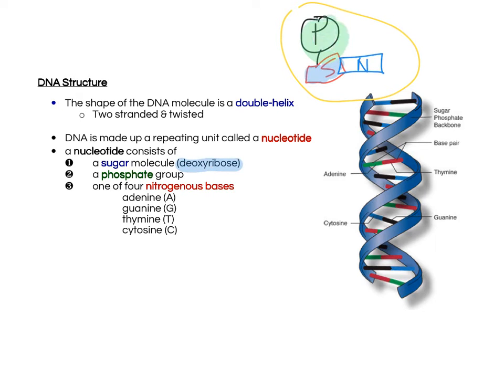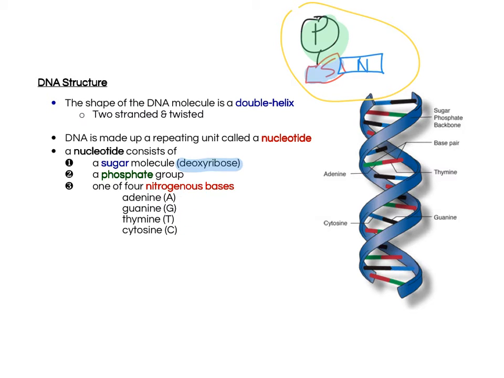And there's our phosphate group up there. And lastly, we're going to have, as I mentioned, one of 4 nitrogenous bases. And so they have specific names, and I'm going to talk a little bit more about some rules around nitrogenous bases in a minute. But we have 4 of them: adenine, guanine, thymine, and cytosine.